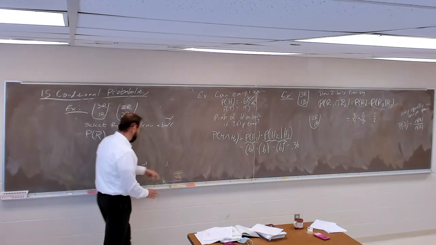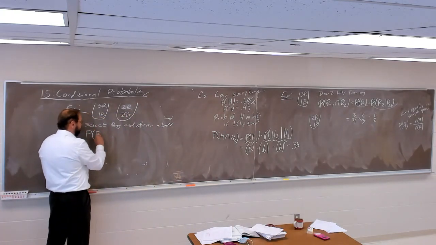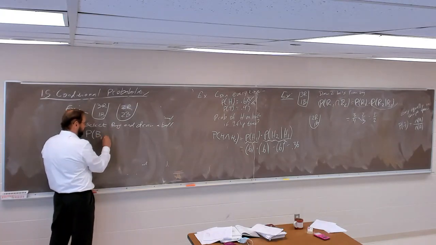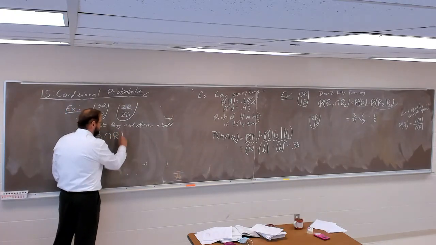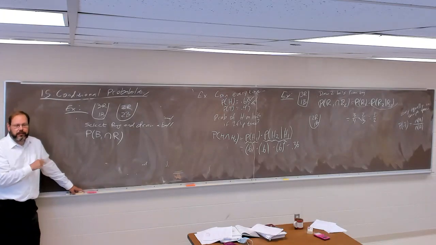Well, maybe I'll ask this question first. What is the probability that I select bag 1 and the ball I select out of it is red? Maybe that's a better first question.